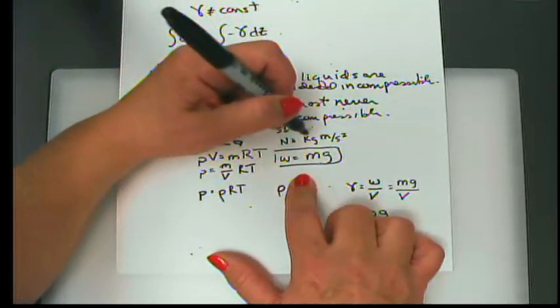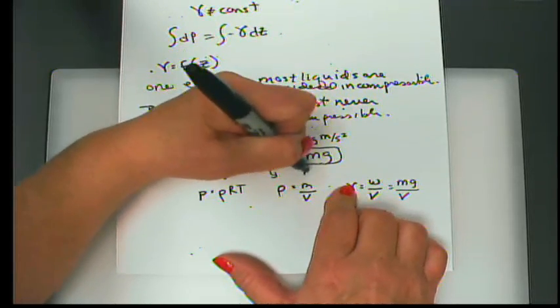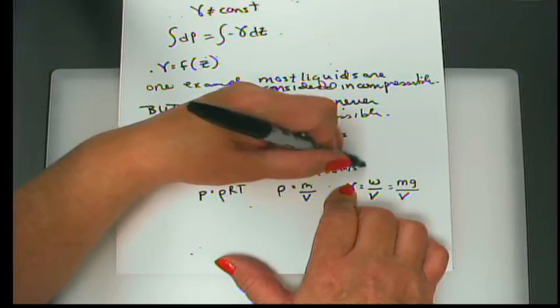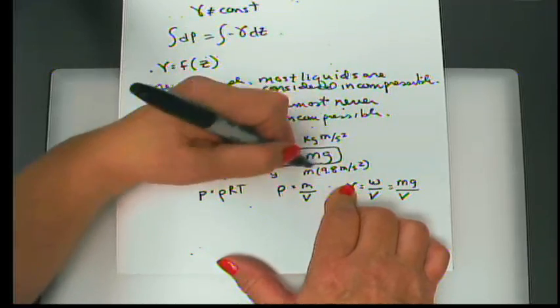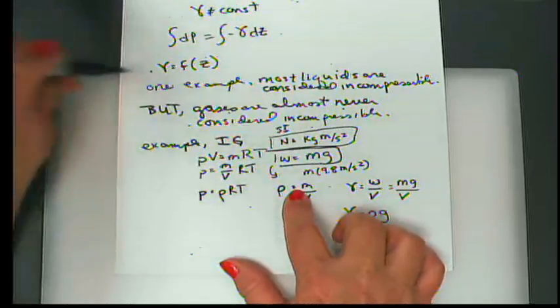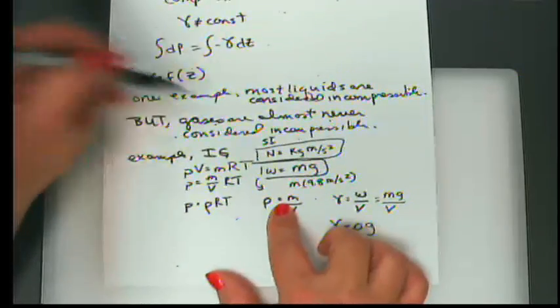We further know that for weight, we generally use a standard gravity of 9.8 or 9.81 meters per second squared. So what that means for us is, if you look at this equation, newtons equal kilogram meter per second squared.